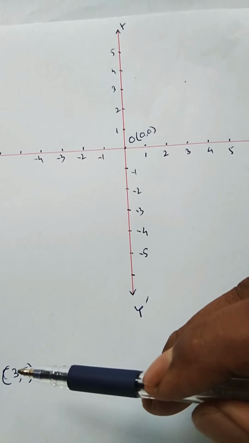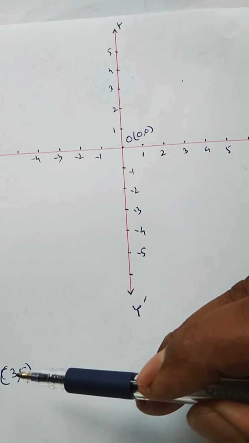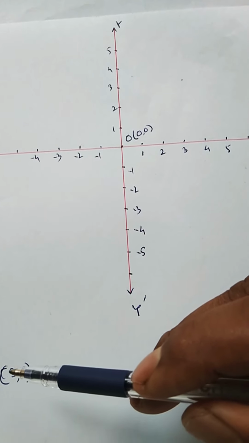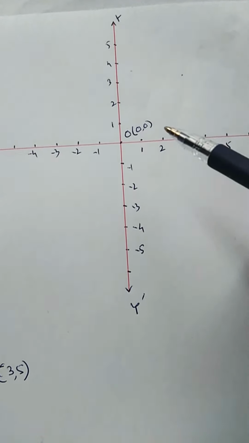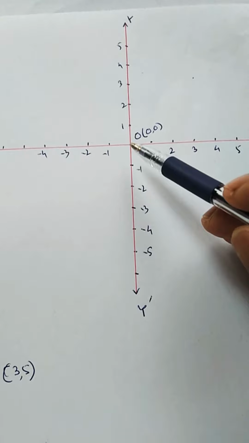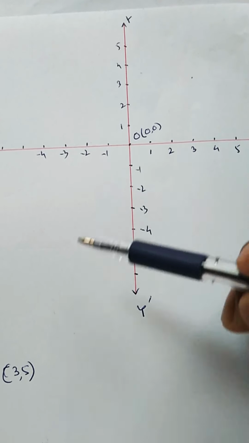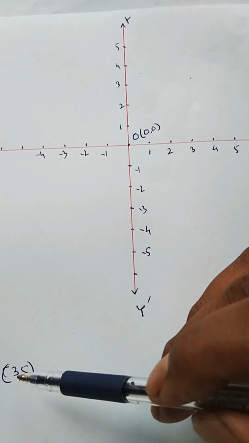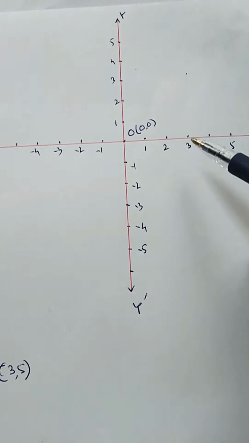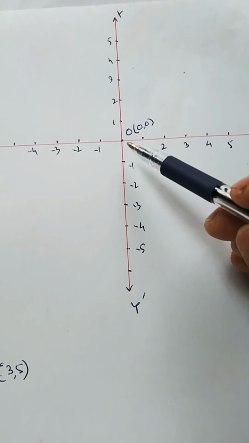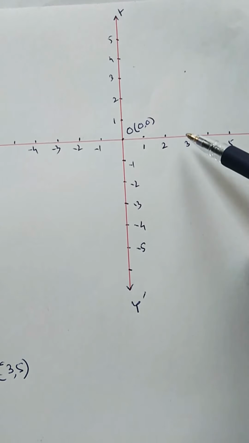So first we will have to move for this abscissa, and this will always move through the x-axis. We will have to start moving from the origin 0, 0. The abscissa value is 3, that is plus 3. That means we will have to move towards the right on the x-axis. So plus 1, plus 2, plus 3.